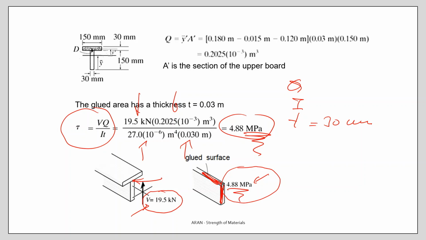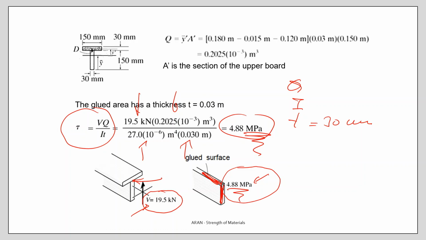Okay, in this video we have discussed the shear forces and the shear stress distributions in cross sections, and now we know that the stress distribution due to the shear forces in a section is not uniform.